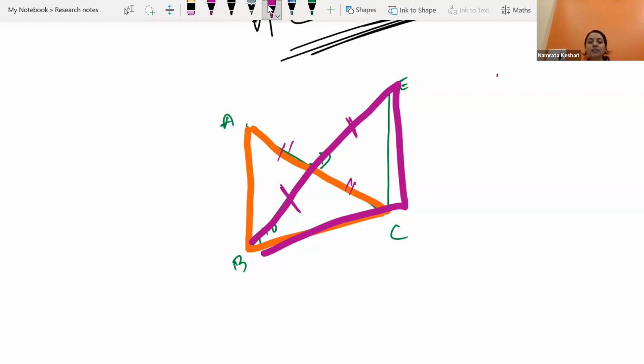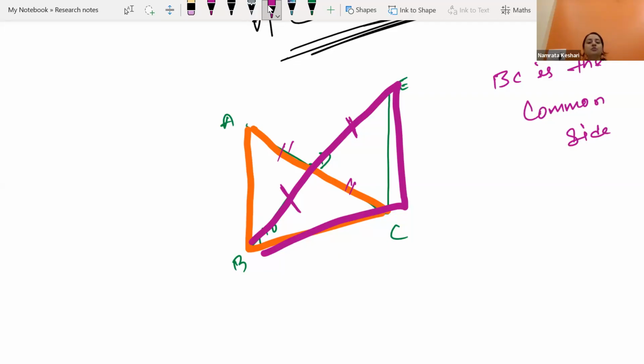If anyone asks what is exactly the same in these two triangles, we'll be able to say BC is the common side. Nothing else. Check it. It is not at all possible to prove these two triangles congruent.